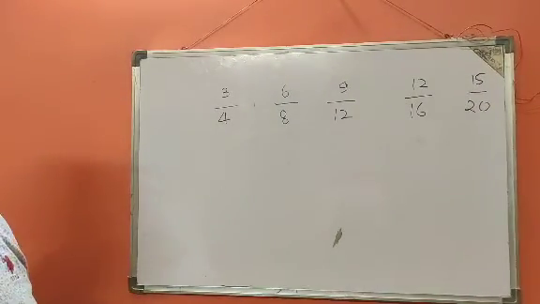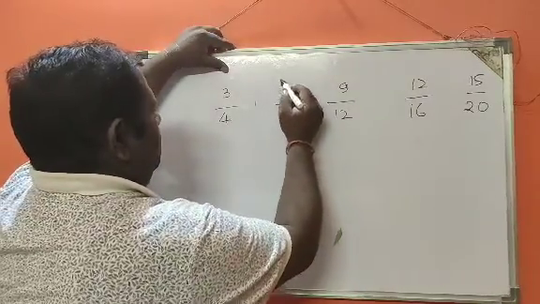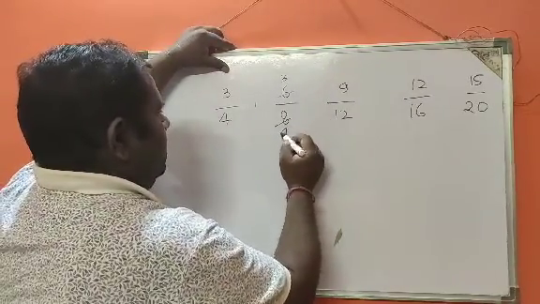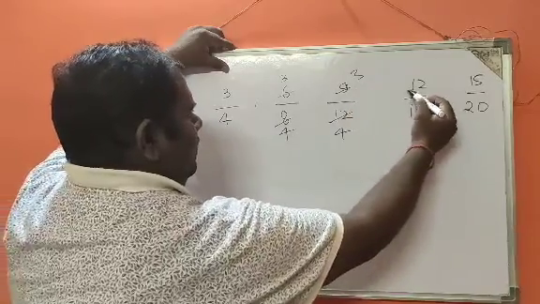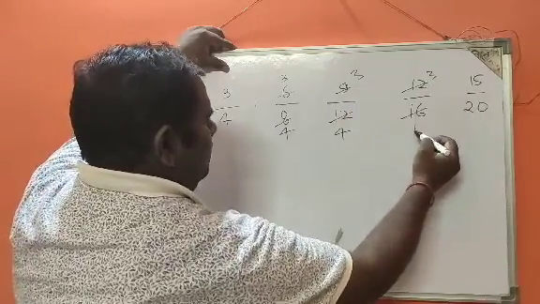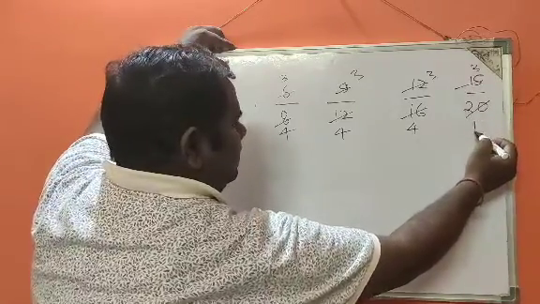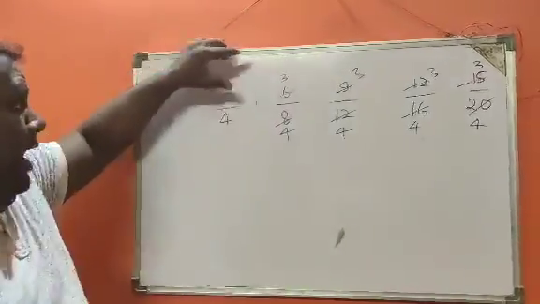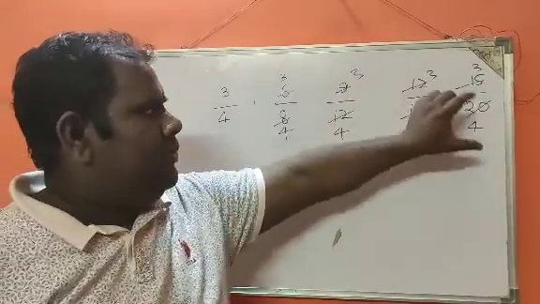But here, if I cancel it, look at this. The actual value is 3 upon 4. Here also 3 upon 4.